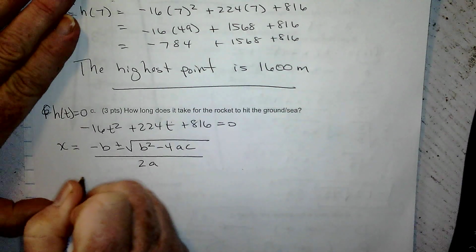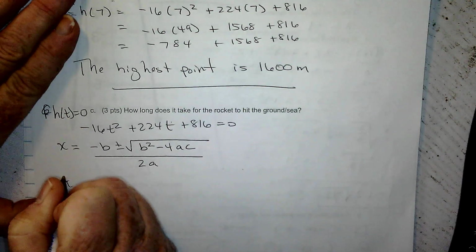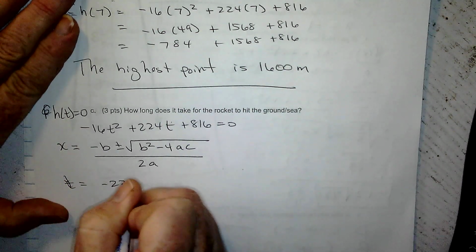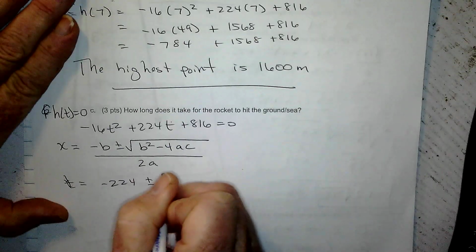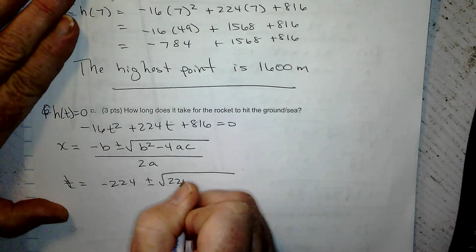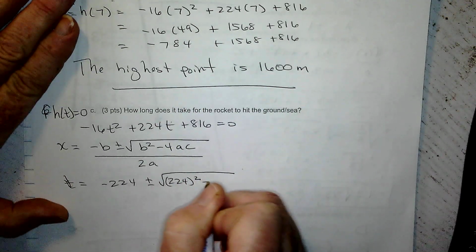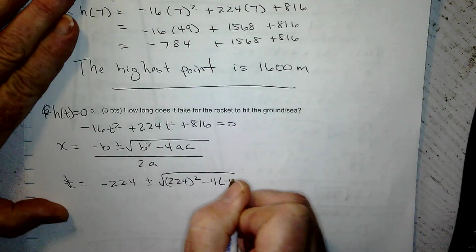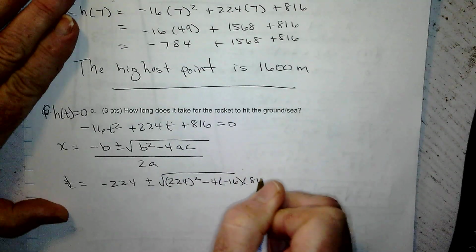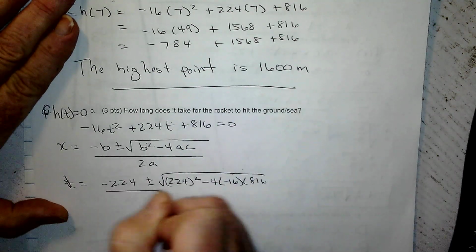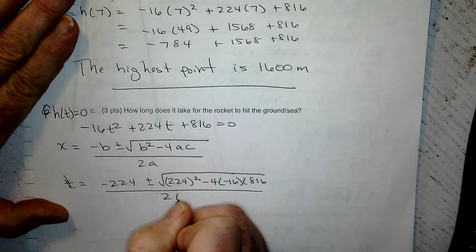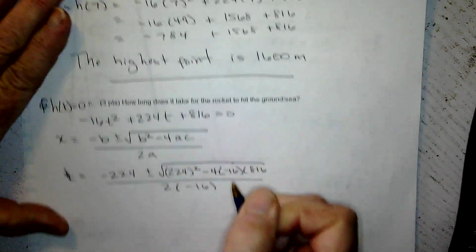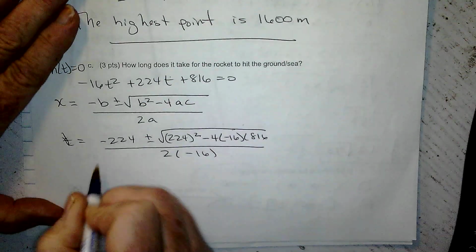My b is 224, so it's actually t equals negative 224 plus or minus the square root of 224 squared minus 4 times a times c, all of this over 2 times a. Alright, I'm going to simplify the inside of this real quick.